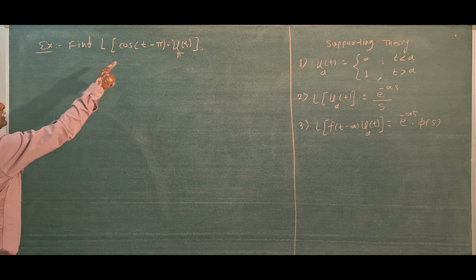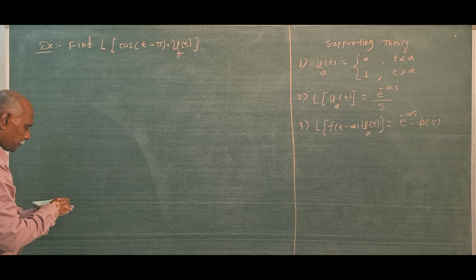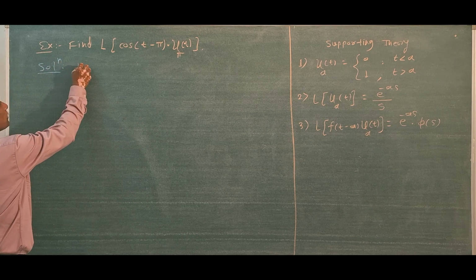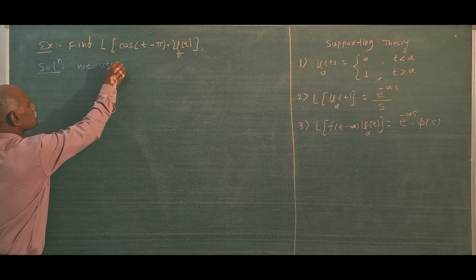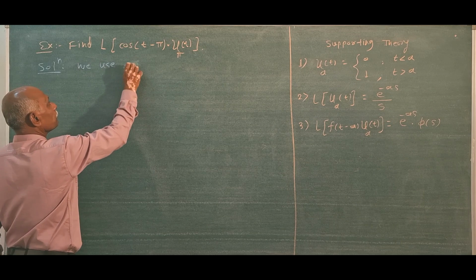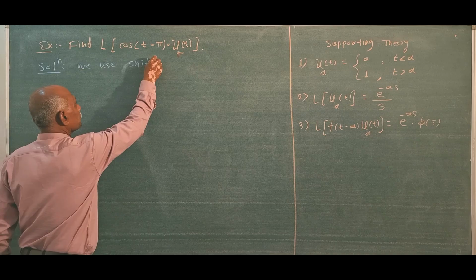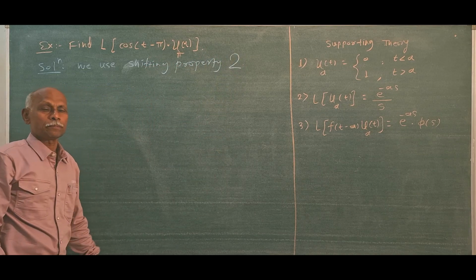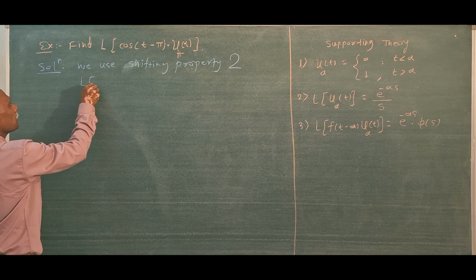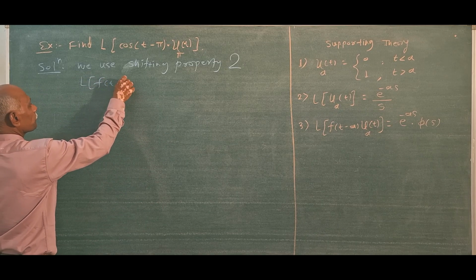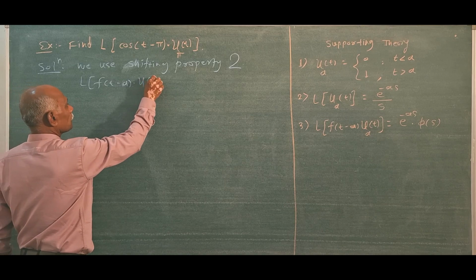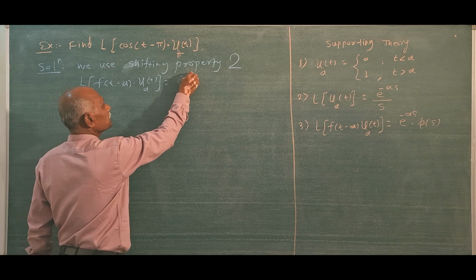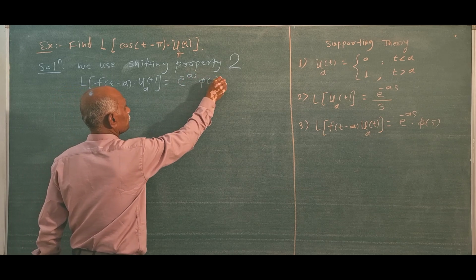Now we solve this question by using the property. Solution. We use shifting property number 2. What is the second shifting property? Just now we have written Laplace of f(t - a) into u_a(t) is equal to e to the power minus as times phi(s).